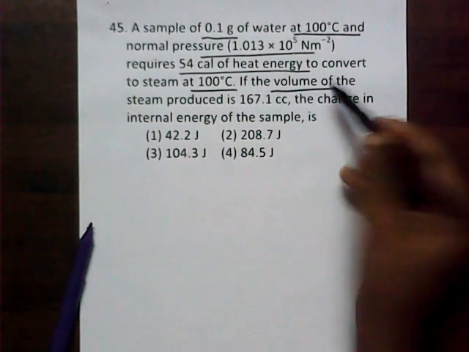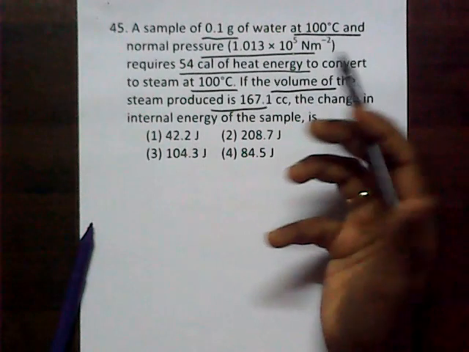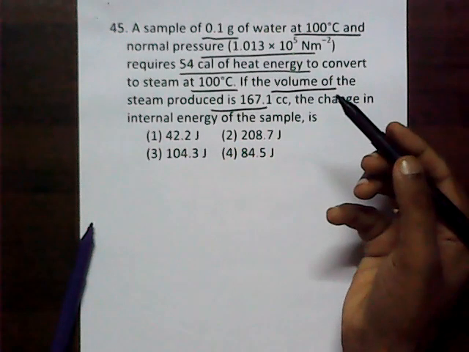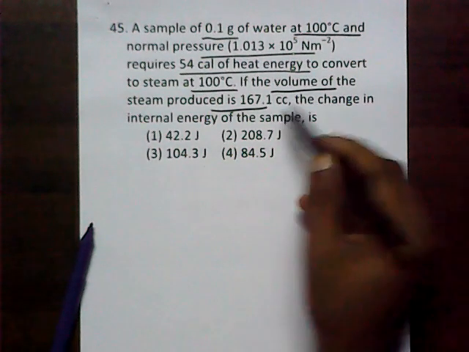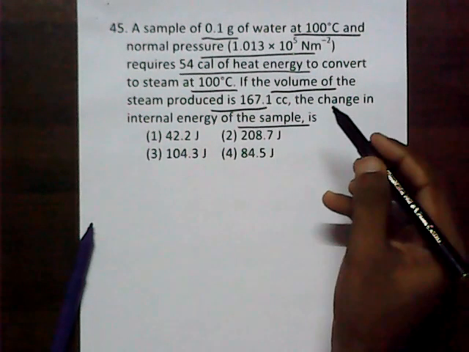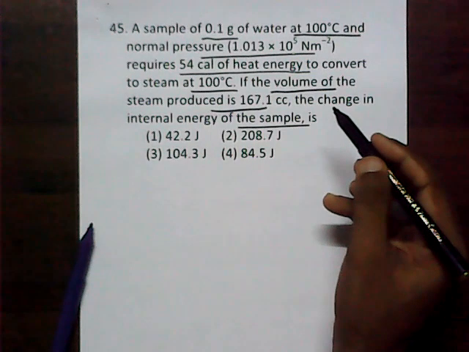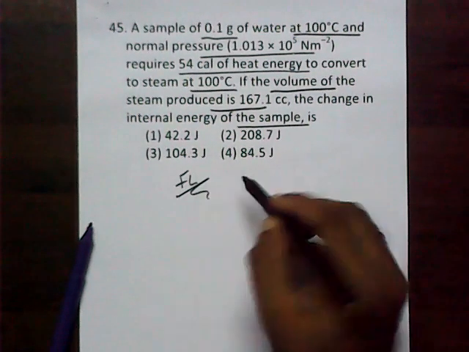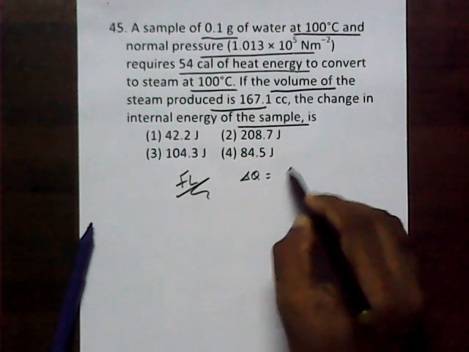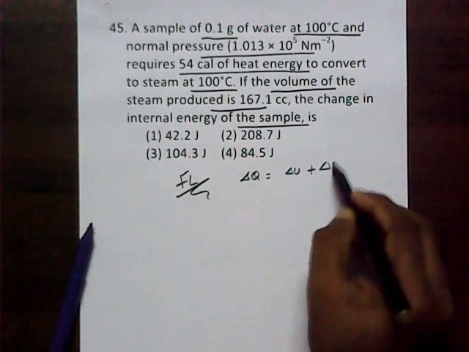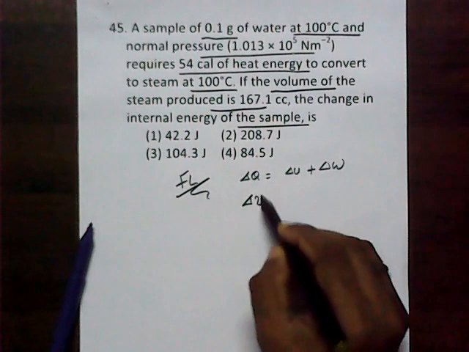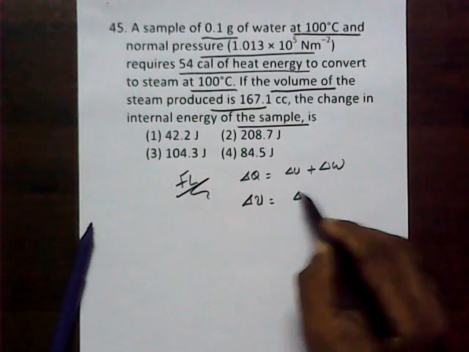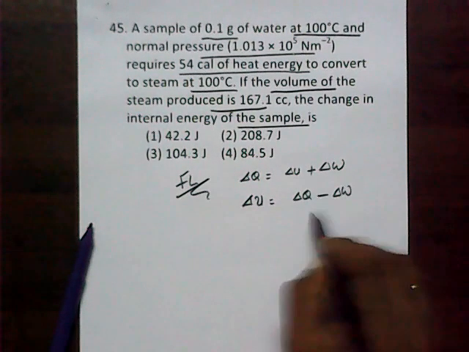If the volume of steam produced is 167.1 cubic centimeter, find the change in internal energy of the sample. A good question. We can use the first law of thermodynamics. We know delta Q is equal to delta U plus delta W. We need to find the change in internal energy, that is dQ minus dW.